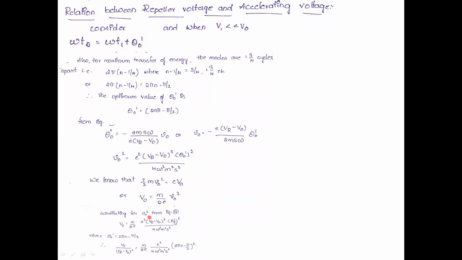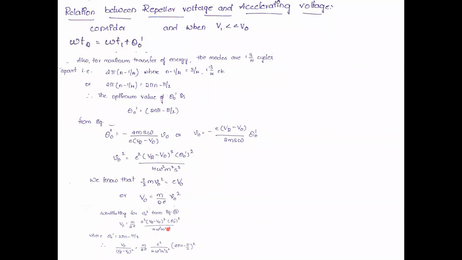In this step, apply the transit angle optimum value, which equals 2 n pi minus pi by 2. Clear? So this is the value.